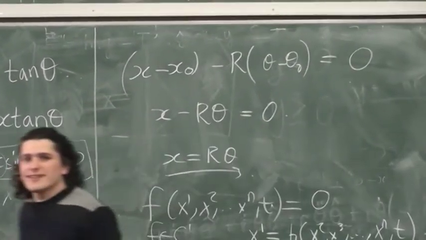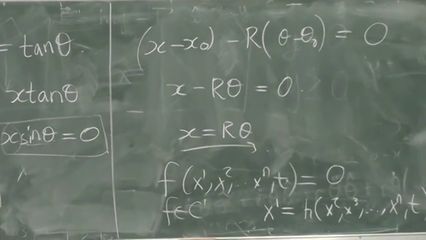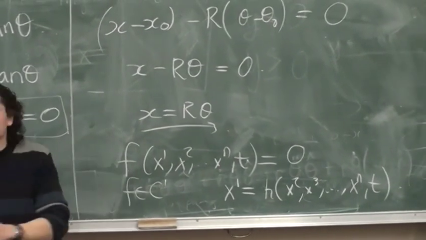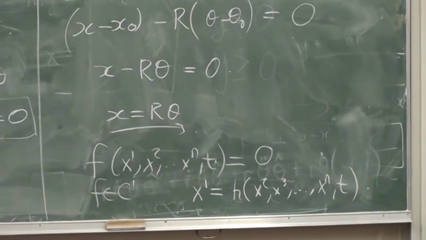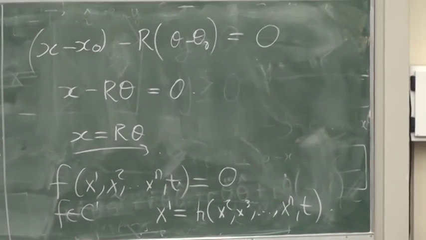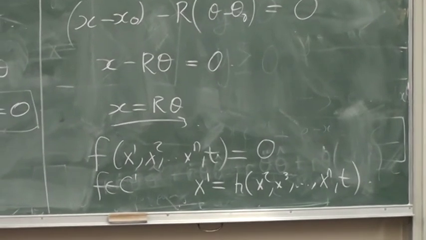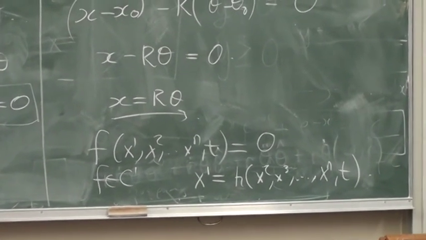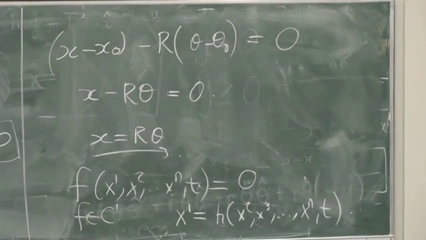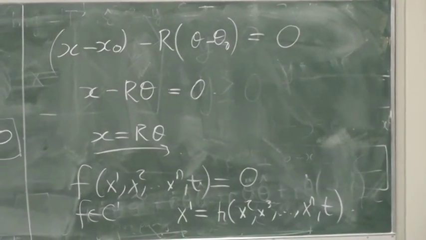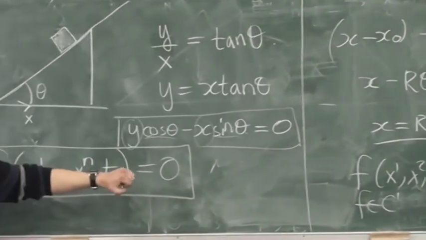Basically, if I've got some holonomic constraint like this, then I can rewrite one of my coordinates in terms of the others. I can rewrite x1 as some function of x2, x3, etc.